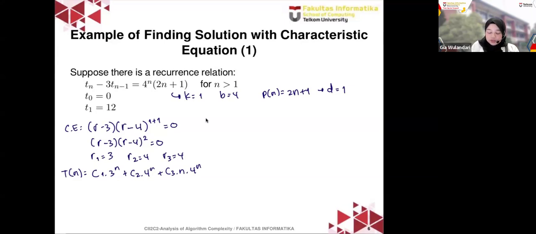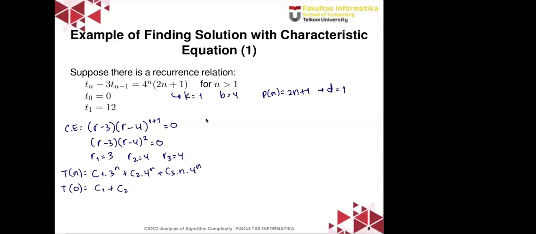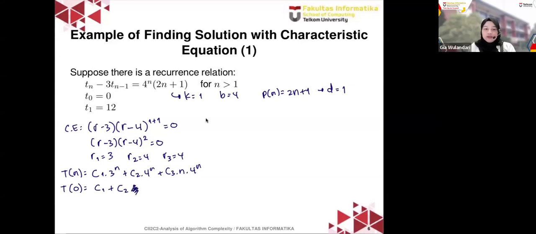So now we already have T0. T0 is C1 plus C2 plus 0, right? Because n is equal to 0. And it must be equal to 0. And then we have T1, which is 3C1 plus 4C2 plus 4C3. And it must be equal to 12.